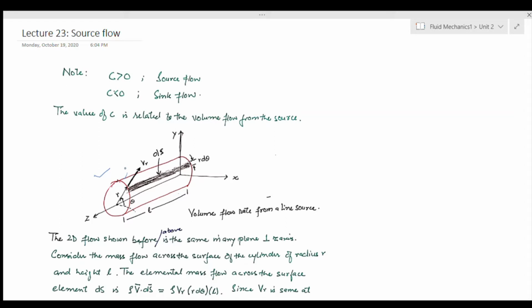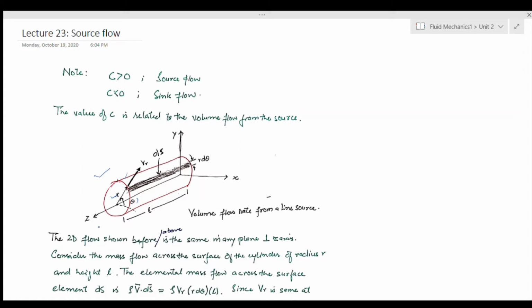The Z axis is passing through the center of this cylinder along the axial direction. Similarly, we have drawn another axis system, which is R theta. R goes from the center outwards, and theta is the angular axis.